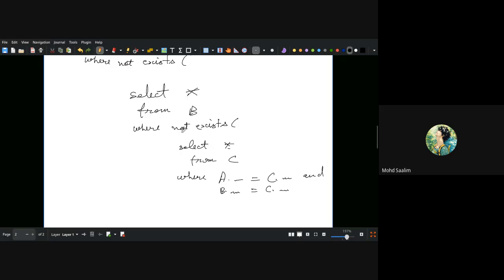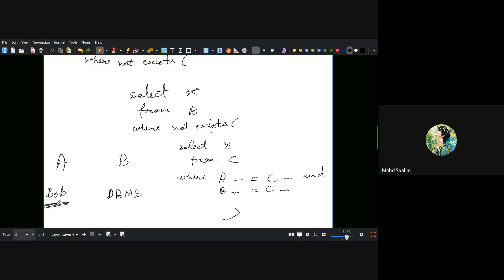And this not exists will return true if, for the current A, let's say the current student is Bob, and current B, DBMS, there is at least one relationship in table C, then this exists will return true, and this not exists will return false, right? So what type of rows is it collecting?